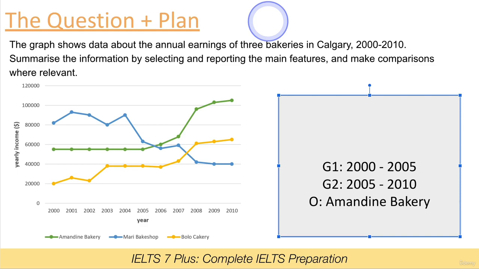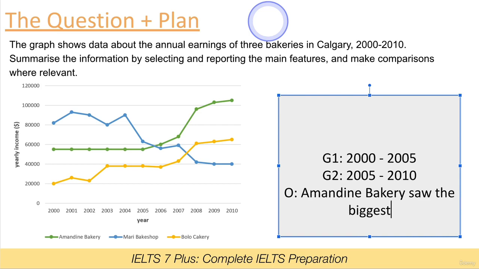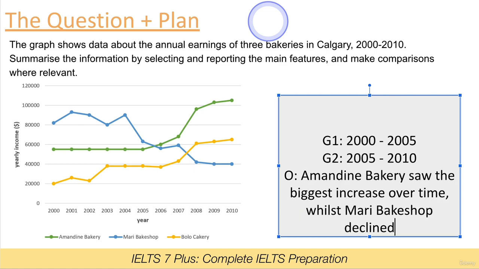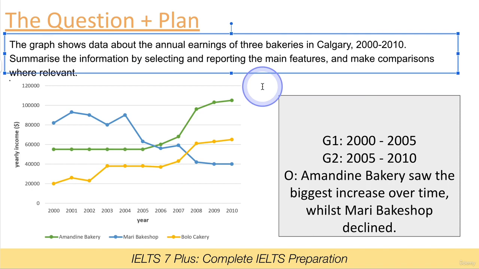So Amandine Bakery saw the biggest increase over time, whilst Marie Bake Shop declined, something along these lines. So our sweeping statement, that's what we want to make here.